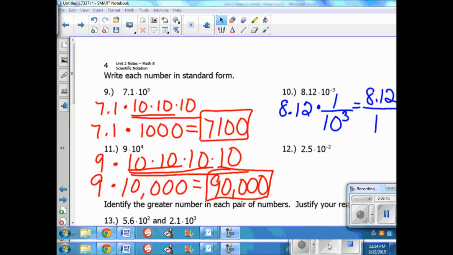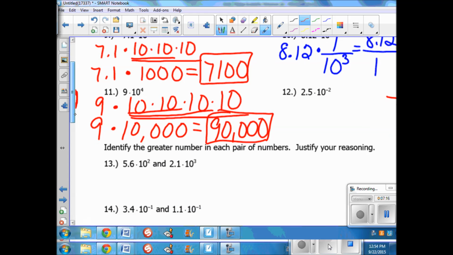So now when we multiply across, we end up with 8.12 over 1,000. Now, when we do that division, you should end up with 0.00812. That's a pretty small number. But we just wrote that in standard form.